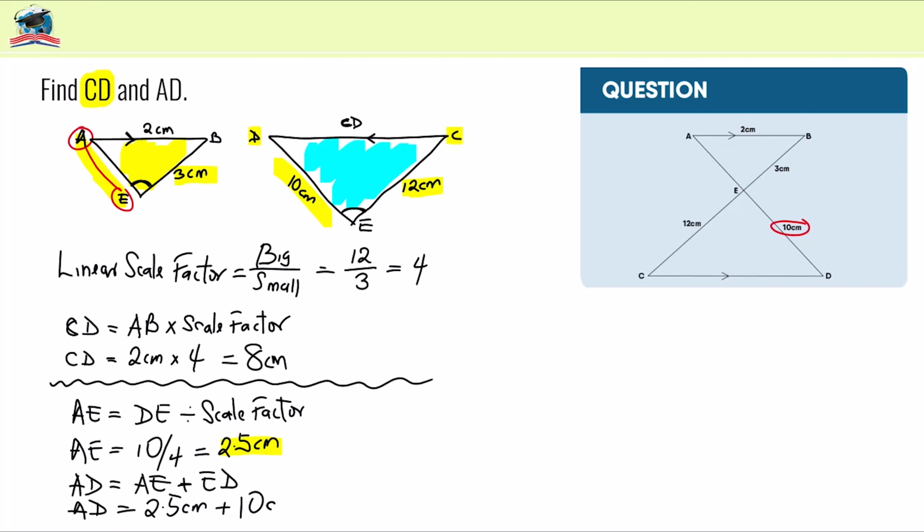That is 2.5 plus 10, which gives 12.5 centimeters. So this brings us to the end of this question. Our CD is 8 centimeters and our AD is 12.5 centimeters.